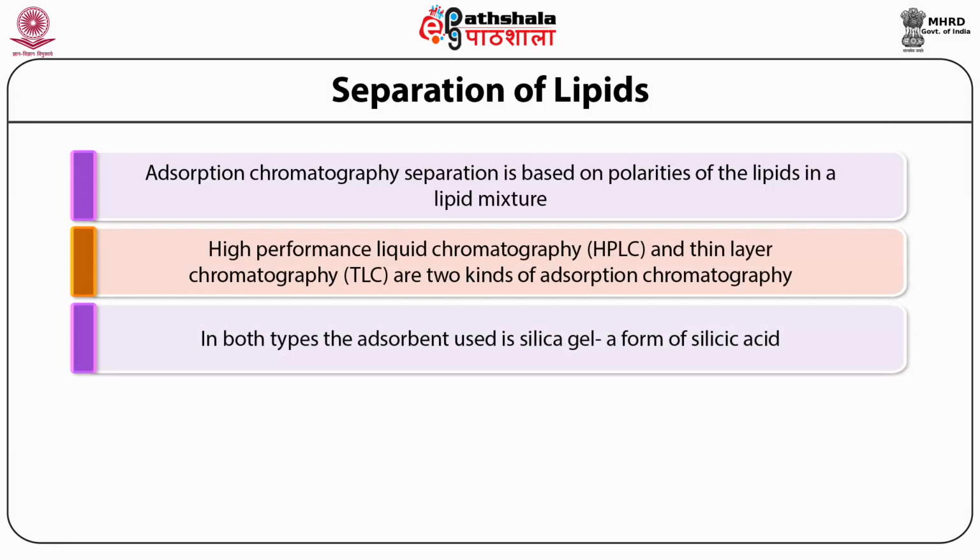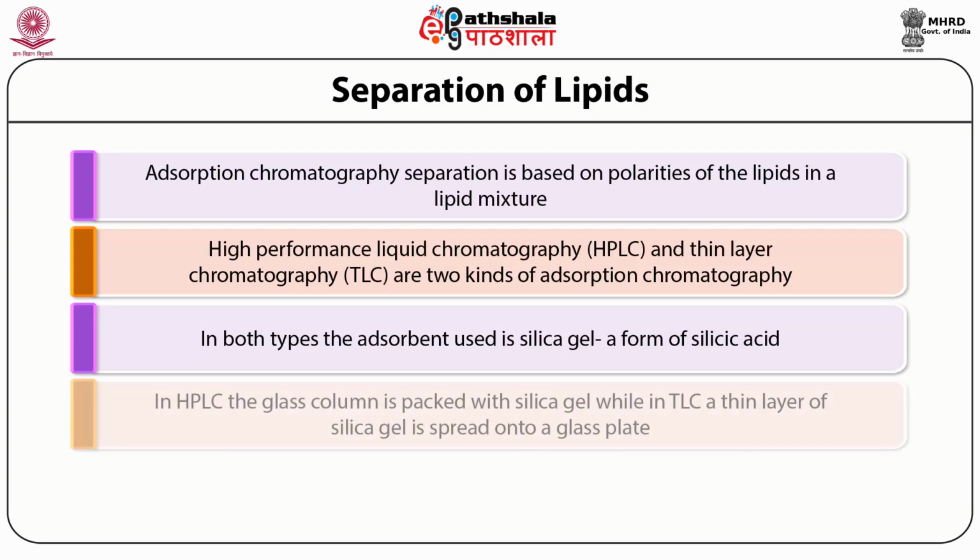High performance liquid chromatography, HPLC, and thin layer chromatography, TLC, are two different kinds of adsorption chromatographic methods that are used to separate lipids. In both types of chromatographic methods, the adsorbent that is used is silica gel, which is polar.